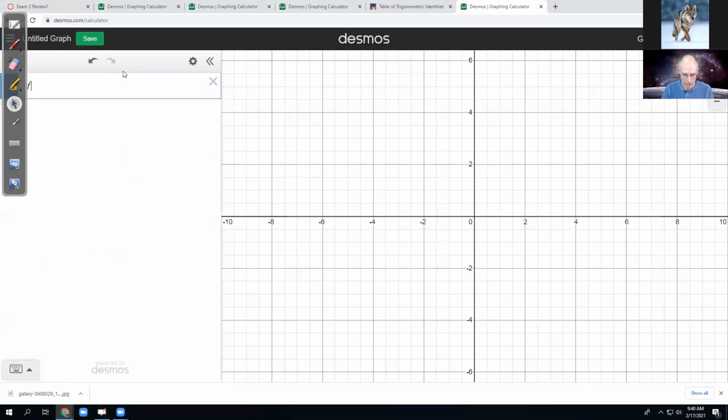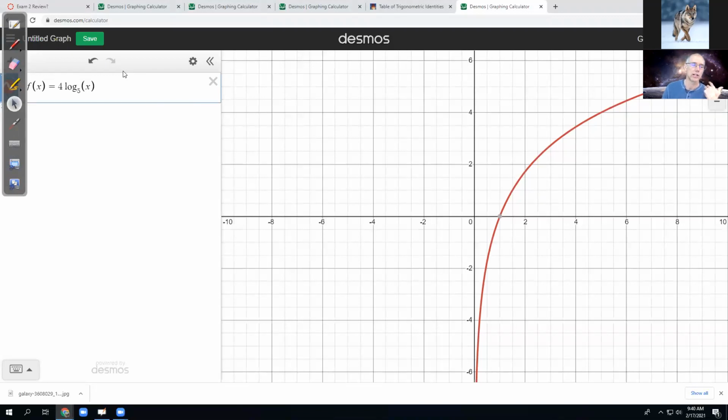So my function f of x is equal to 4. And will this let me do log base 5 of x? Oh my gosh, it did. Cool. Anyway, to type that on a keyboard, Shift-6, the caret, gives you a power, and an underscore gives you a subscript.